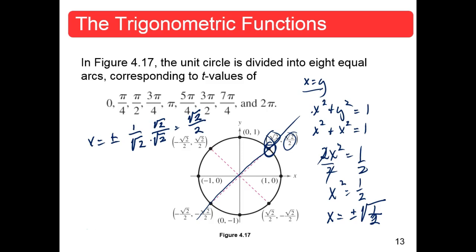They're going to be your friends. Okay? Big friends. You're going to use them a whole lot. So that accounts for every one of those 8 points there. There's 9 actually, because 0 and 2 pi are the same. 1, 2, 3, 4, 5, 6, 7, 8, 9. 0 and 2 pi are the same.